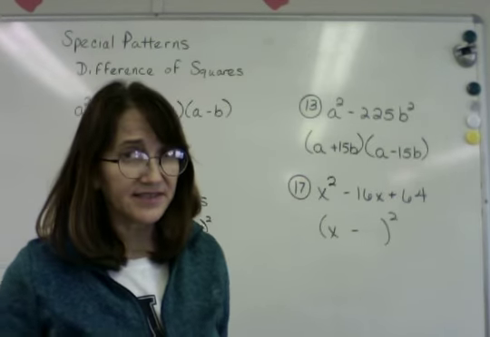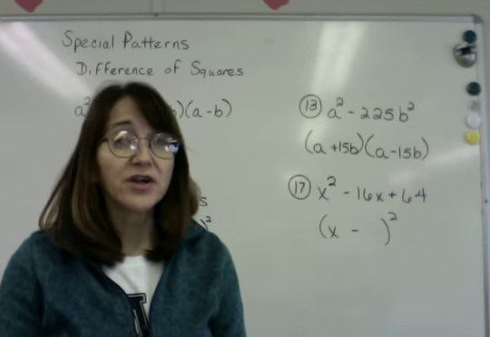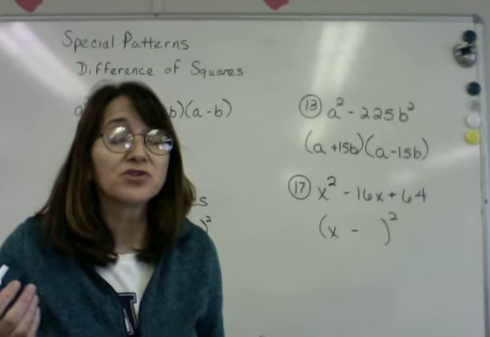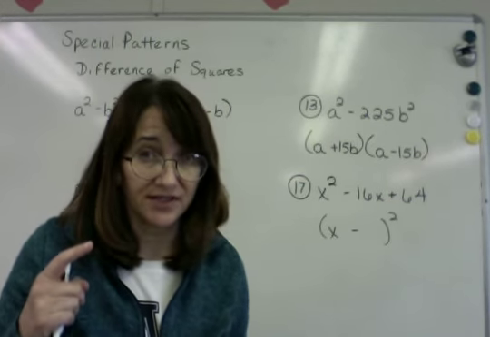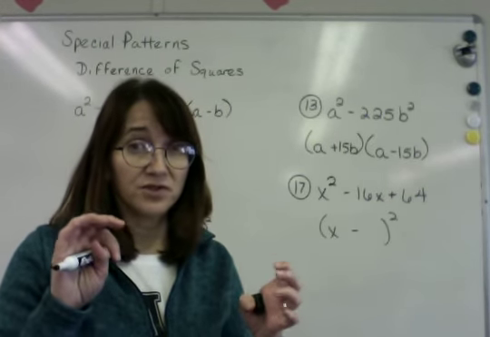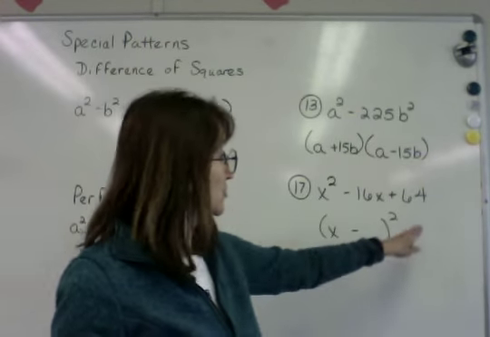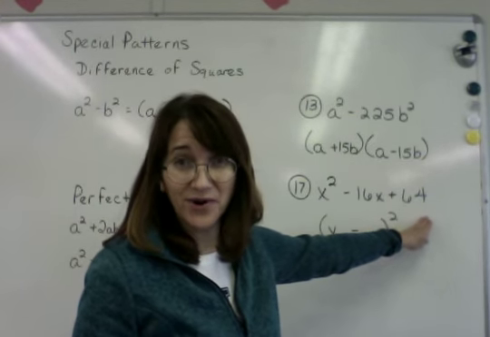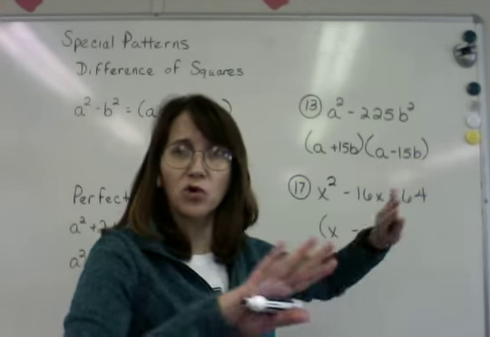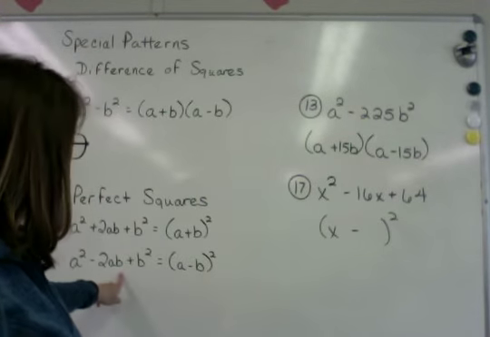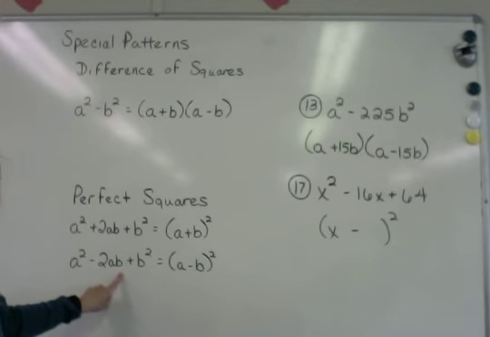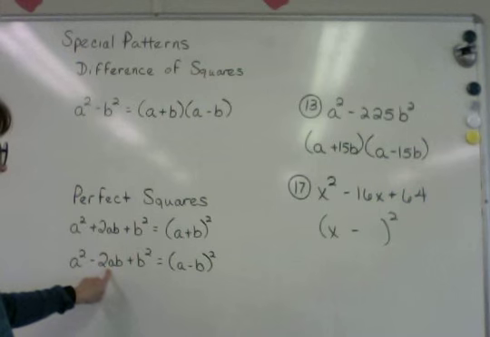If it's a perfect square, there's two ways, and this might be a good way for you to check yourself. Let's say you're clueless and you don't know what the square root of 64 is. But you do know enough about perfect squares to know that the middle term is basically the product of a and b doubled.